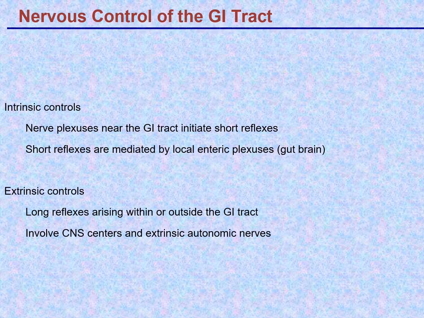So, as I said earlier, you have some built-in controls in the GI tract that can initiate short reflex systems. A plexus is just a network. So you have nerve networks, or nerve plexuses, right near the GI tract that can initiate very short reflexes involving just the local tissue.